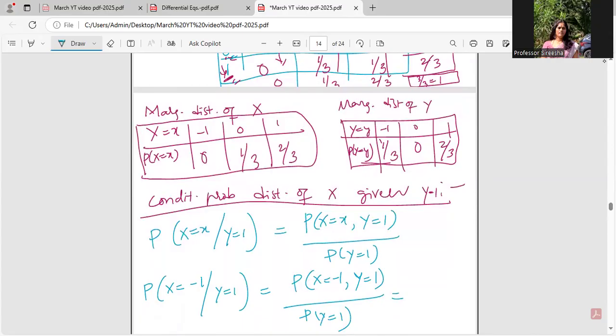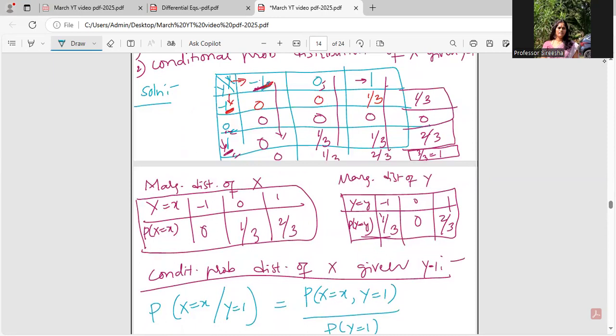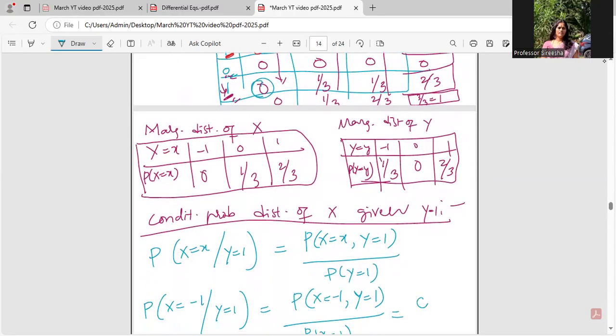See here, this value is 0. So 0 by anything is 0 only. So P of X equal to -1 given Y equal to 1 is 0.